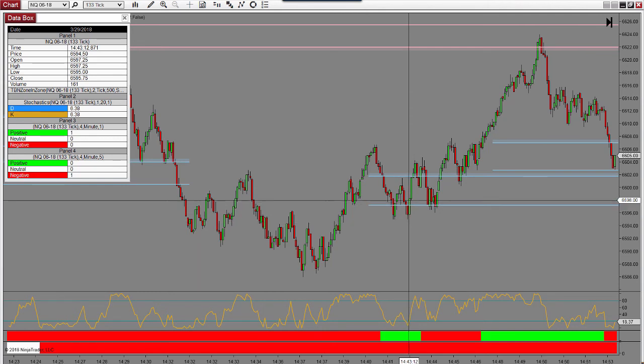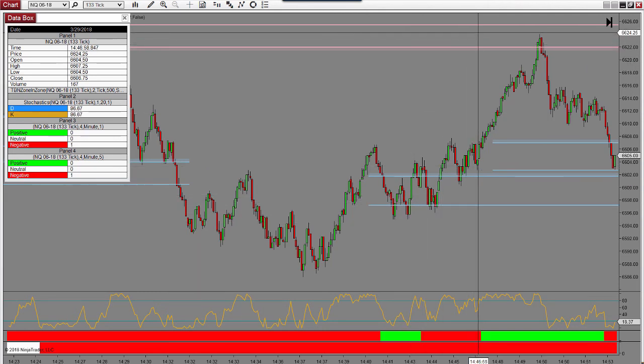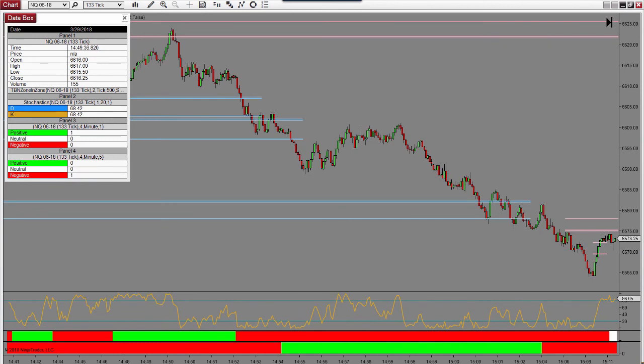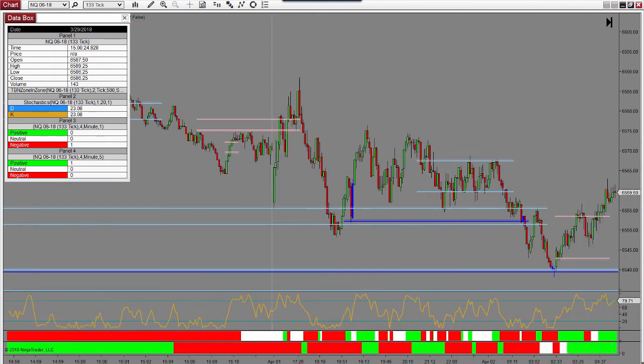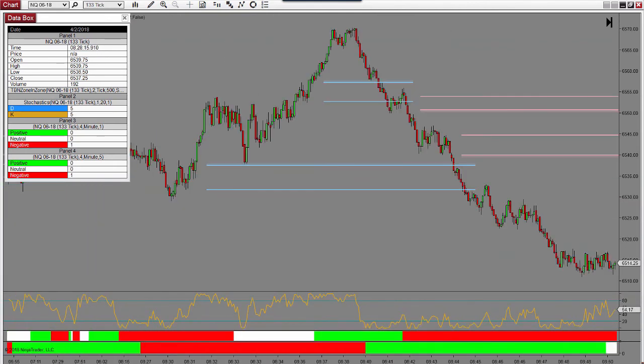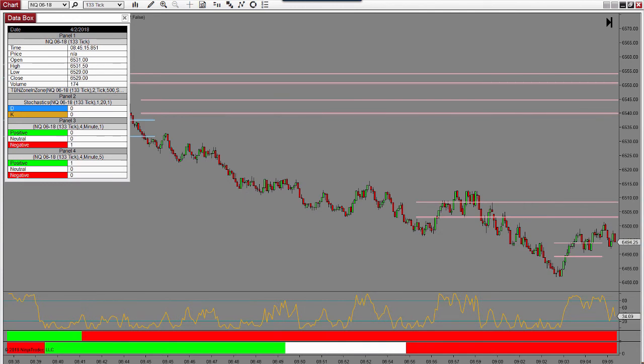And here's a trade. It'd be a nice trade too. It definitely would hit your target. Man, look at these moves out of these zones here. So you can see reducing the number of zones, reducing the number of trades, increasing the risk reward.